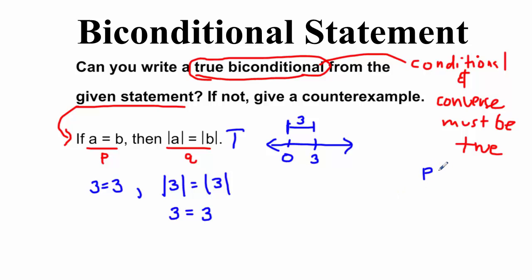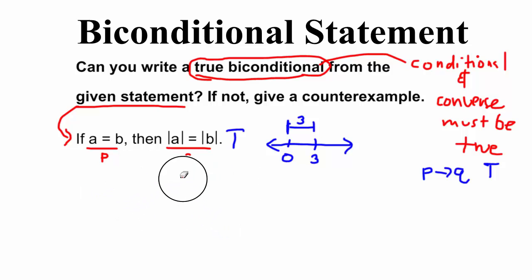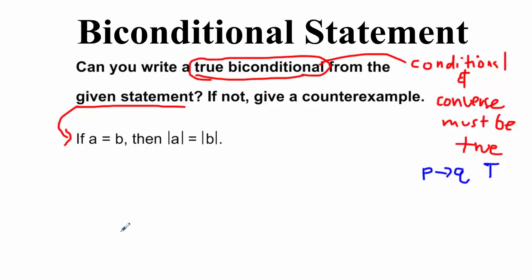So I just evaluated P implies Q, and that came out to be true. Since this conditional is true, I have to evaluate the other conditional, which is the converse. So let me write out the converse first. In the converse I have to take the hypothesis and conclusion and switch them.